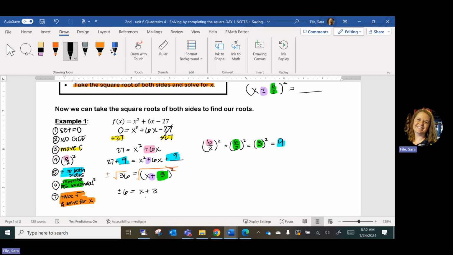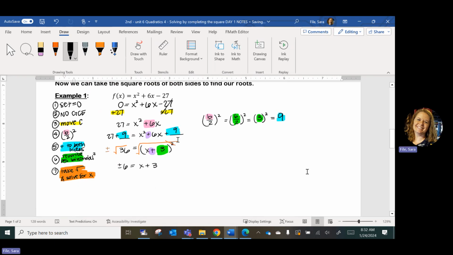Am I done? Did I solve for x? What do I need to do to solve for x, to get x by itself? I need to subtract the 3 to the other side. Now here's where a personal preference comes into play. Do I want to just write minus 3, and in my head realize I need to do 6 minus 3 and negative 6 minus 3?